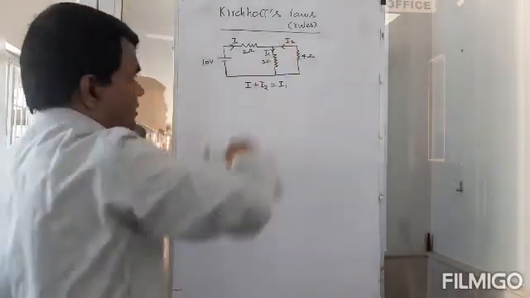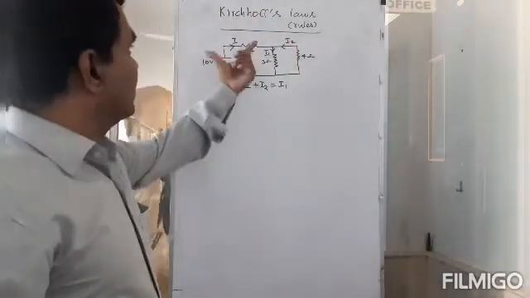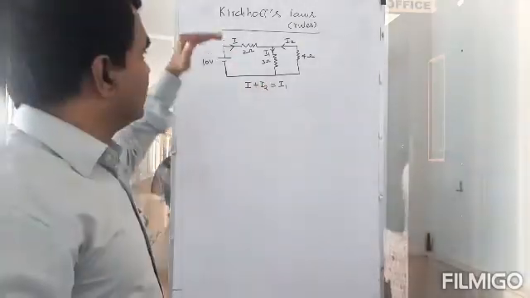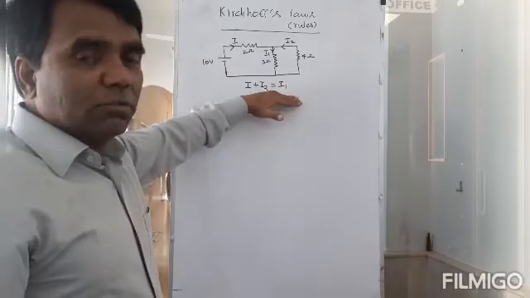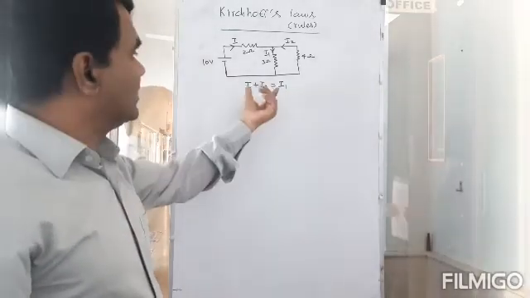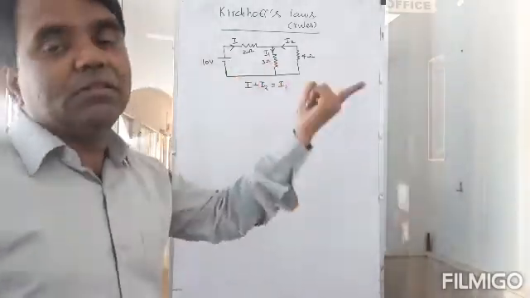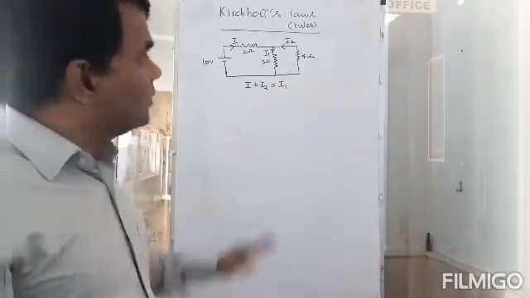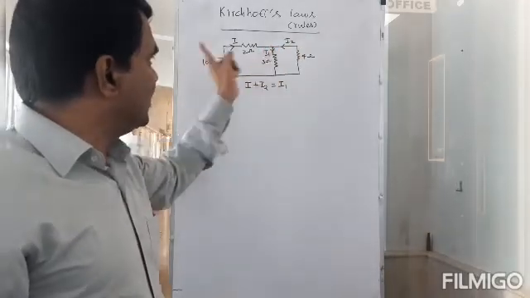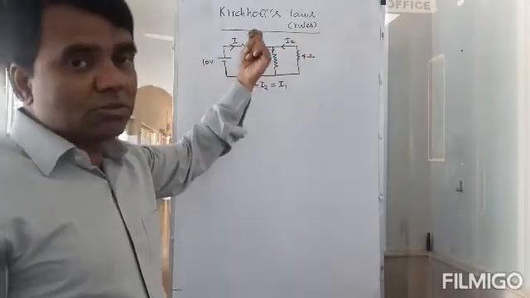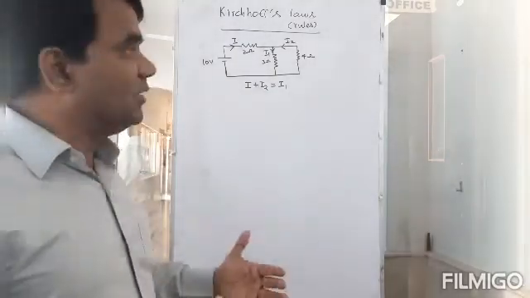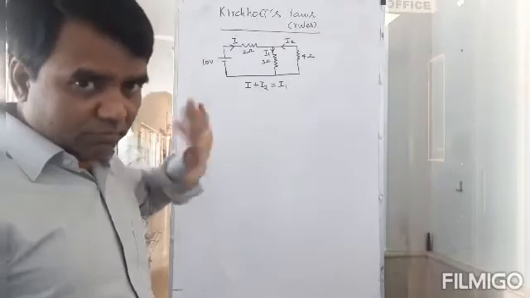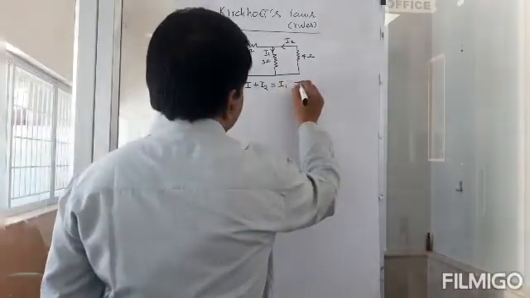I1 is the only current going out, and I and I2 are coming in. So what does the law say? The amount of current coming in must be equal to the amount of current going out. This appears slightly different from the first equation, but it doesn't matter. I is coming in, I2 is also coming in, and I1 is leaving. So I plus I2 must be equal to I1. Done.